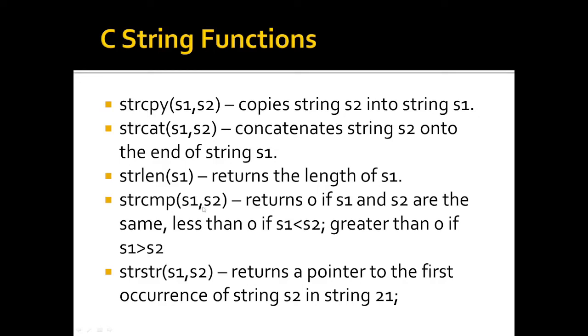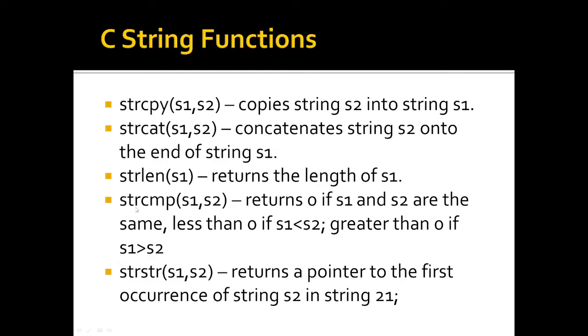It's as if we are subtracting s2 from s1, so s1 minus s2. If the value is 0, that means they are equal. If the value is higher than 0, a positive number, that means s1 is higher than s2. If the result is a negative number, that means s2 is higher than s1. So that's how we compare strings.